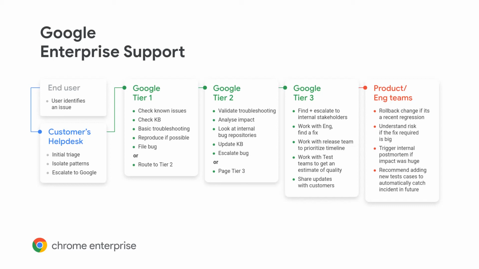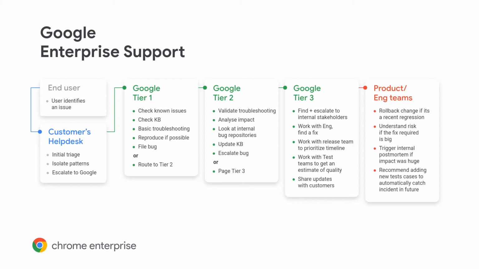They will also work with the release team to prioritize the timeline for the issue and when it can be expected to be resolved. Work with the test team to get an estimate of the quality, and while doing this, also share all updates with affected customers.